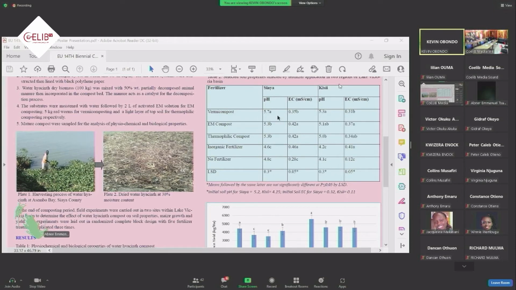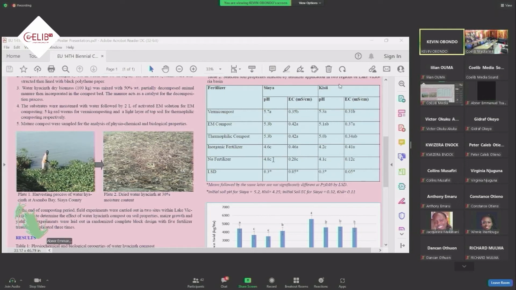For example, where we applied vermicompost, the pH managed to rise from 5.2 to 5.7, and where we used TM compost, there was a slight change of 0.1 unit, the same as for thermophilic compost. Where we used inorganic fertilizer, the pH dropped by 0.4 units from 5.2 to 4.6. And where we did not use any fertilizer, again there was a 0.4 unit drop in the pH.